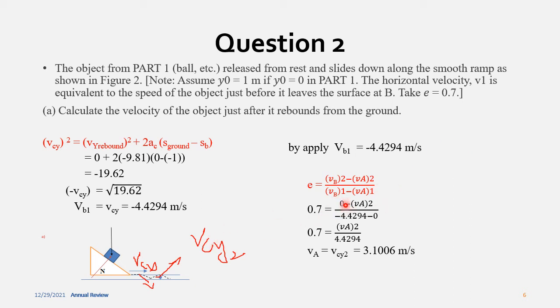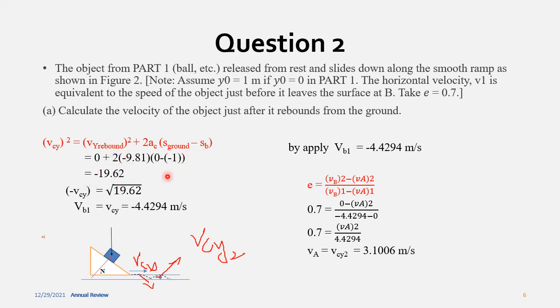To find this VB1, we use this equation: VCY squared equals VY rebound squared plus 2a in bracket s ground minus sB.